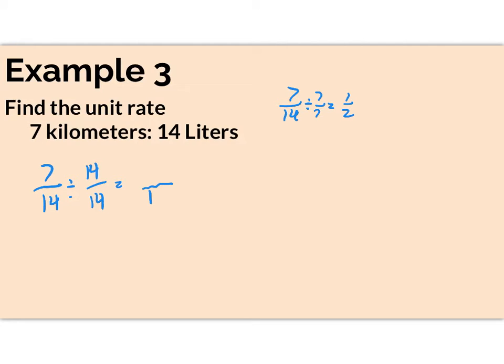So 1/2 kilometer per liter. That's a goofy number. It doesn't look right, but technically it's right. I would not leave it like this. When we get to decimals, we'll clean this up. So I'm not going to touch decimals right now, but technically that's what it would look like if we left it as fractions.